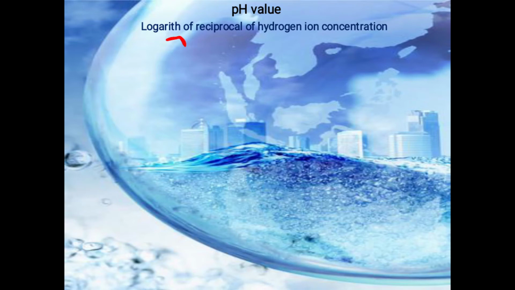Since the pH is the logarithm of reciprocal of hydrogen ions, the higher values of pH mean lower hydrogen ion concentration and thus represent alkaline solution, whereas the lower value of pH means higher hydrogen ion concentration representing acidic solutions. Then pH can be written as pH is equal to logarithm of 1 by hydrogen ion H plus, or negative logarithm of hydrogen ion concentration.